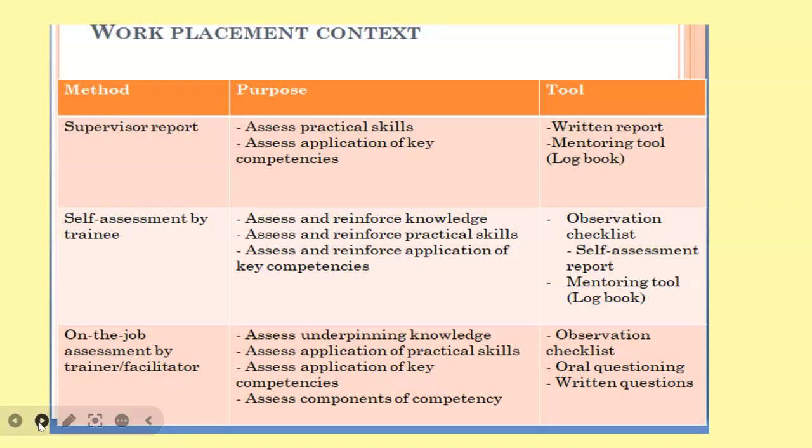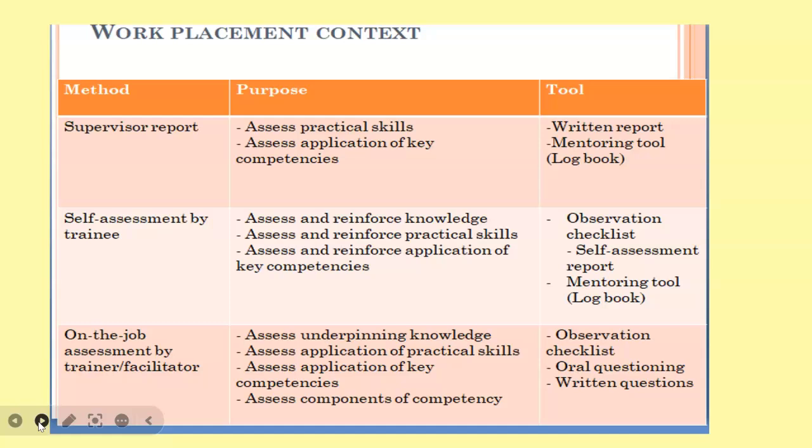Then we have supervisor reports. These are meant to assess practical skills, and the tools used can be written reports or mentoring tools. Self-assessment by the trainee is to assess and reinforce knowledge, skills and application of key competencies, and you can use an observation checklist or mentoring tool.